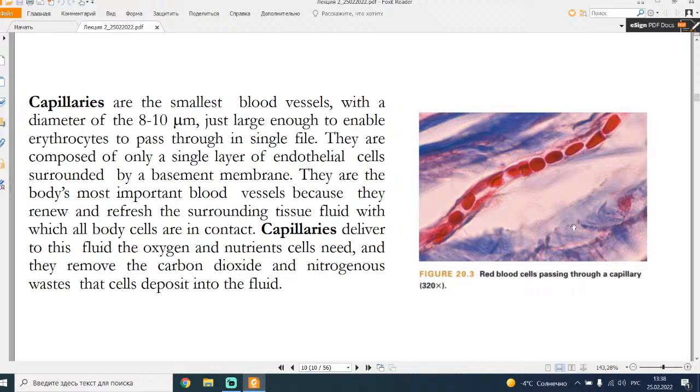Capillaries deliver to these fluids the oxygen and nutrients cells need, and they remove the carbon dioxide and nitrogenous wastes that cells deposit into the fluid. This is fluid exchange between blood in capillaries and the extracellular matrix of tissue.